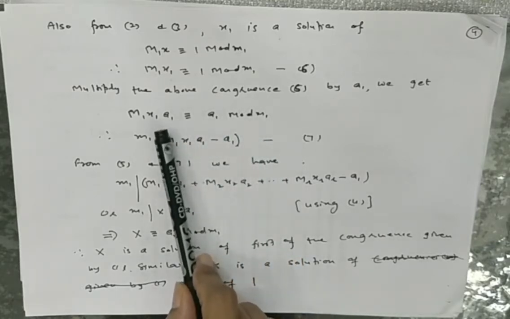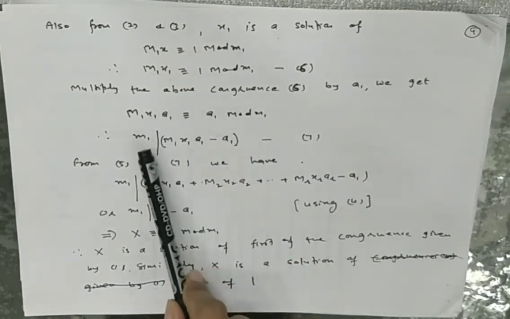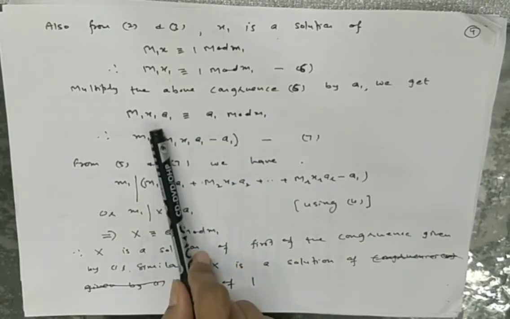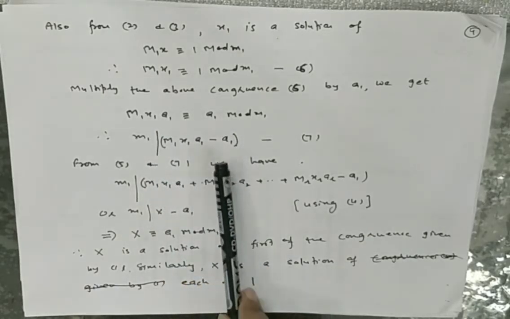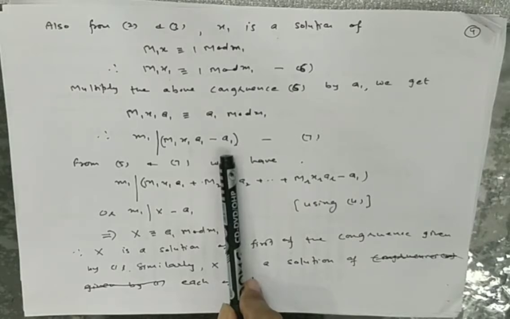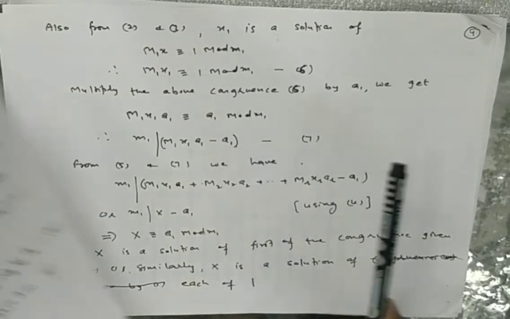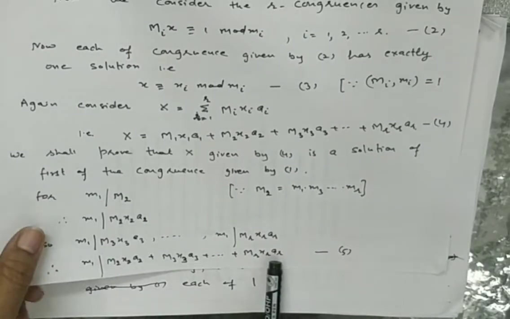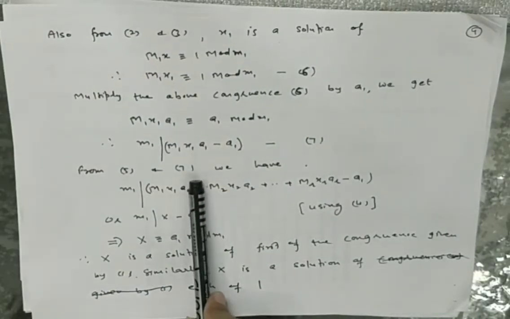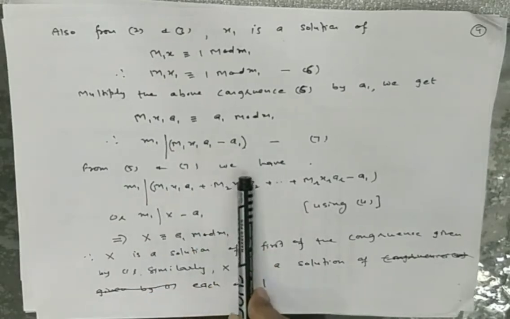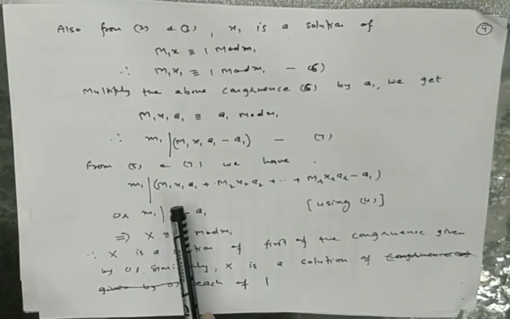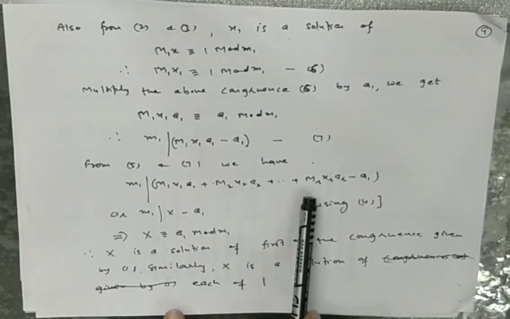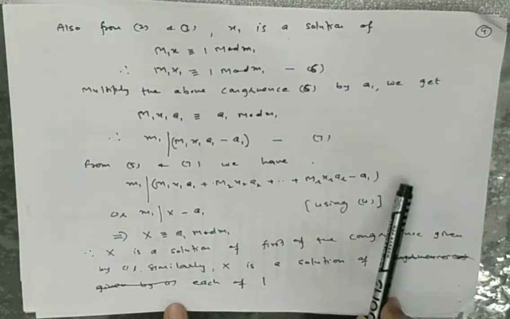So by the definition of congruence, we can say small m1 divides M1 x1 a1 minus a1. From equation number 5, which says m1 divides this sum, and equation number 7, we can say that m1 divides M1 x1 a1 plus M2 x2 a2 plus, and so on, plus Mr xr ar minus a1.